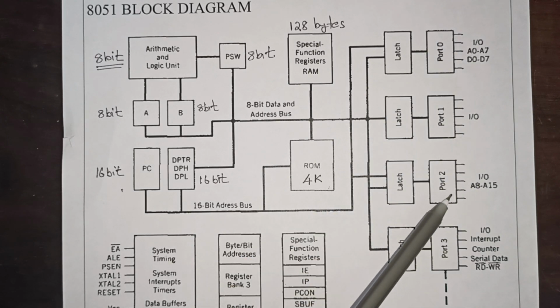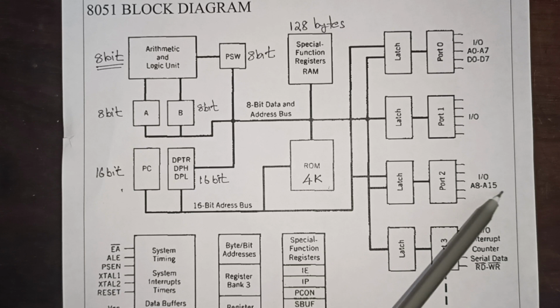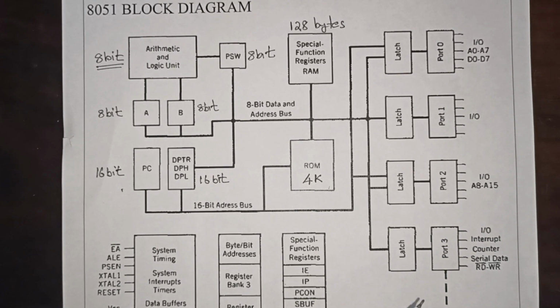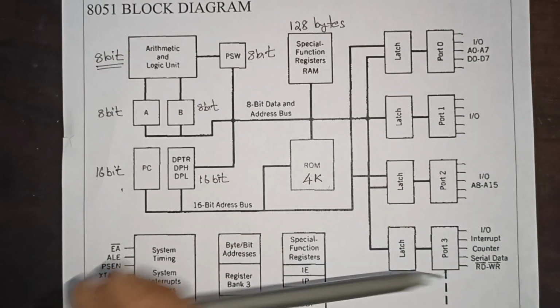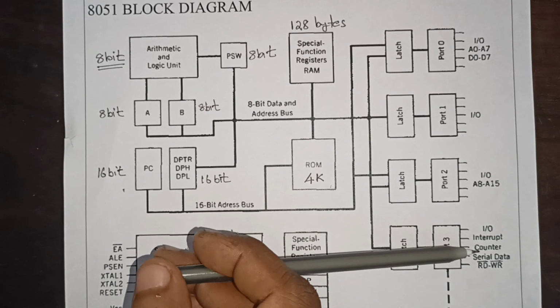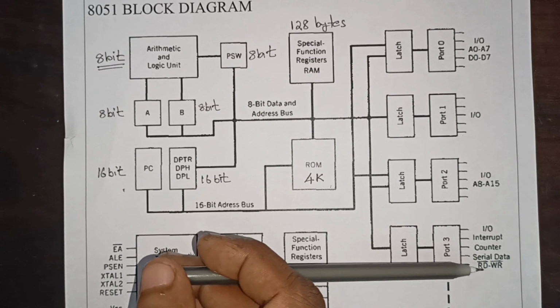So this port is only used for transferring the address. Then port number 3. Port number 3 has some special functions. Each pin has some special function. We will see that special function later. Now we will just read out the names. They are interrupt, counter, serial data, and read or write.